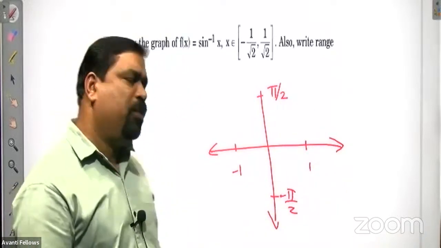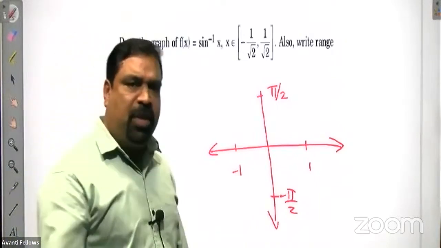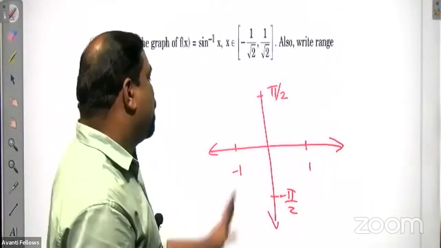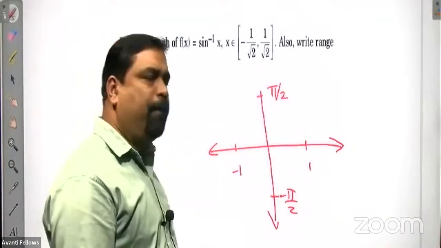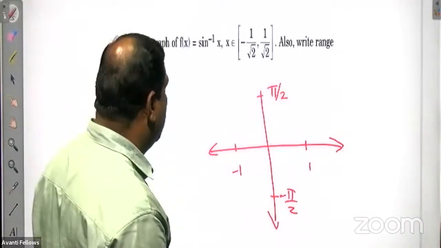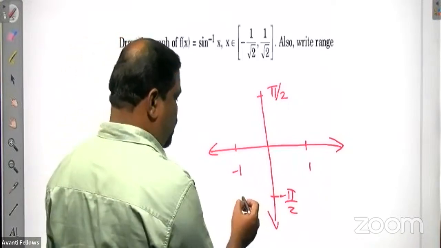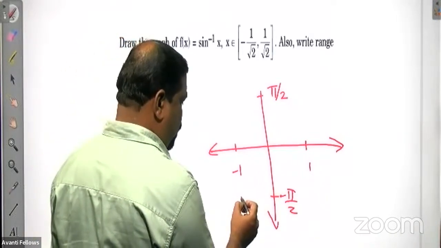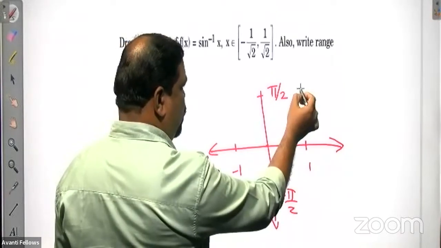You should have an idea of the shape of the sine inverse function, cos inverse function, etc. So minus 1 to plus 1 is the domain, and minus pi by 2 to plus pi by 2 is the range of the sine inverse x function. If I draw the whole graph, sine inverse minus 1 is minus pi by 2, the image will be here. Sine inverse 0 is 0. And sine inverse 1 is pi by 2.